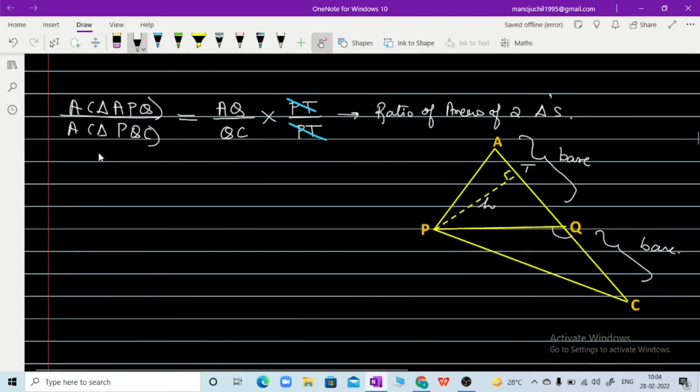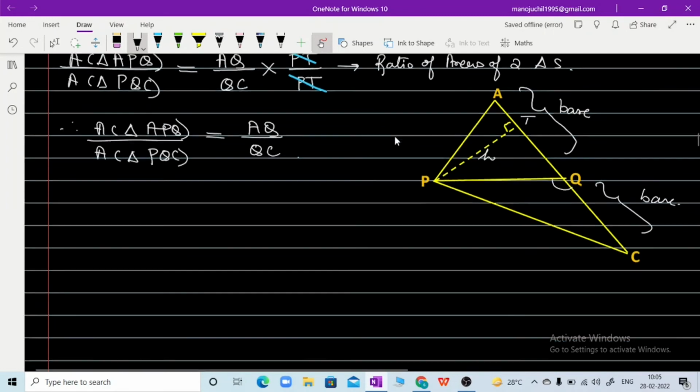So what we are left with is again, therefore, area of triangle APQ upon area of triangle PQC is nothing but base upon base, that is AQ upon QC. Okay, so we just saw different types in which we can apply ratios of areas of the two triangles.